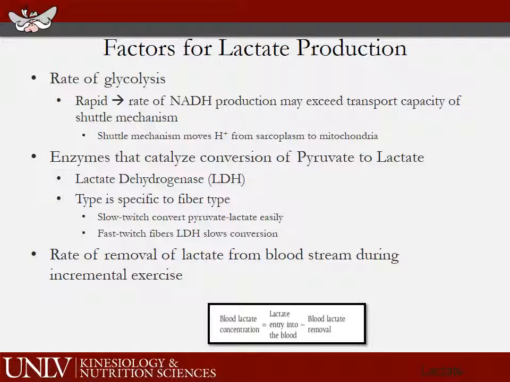Slow twitch fibers convert pyruvate to lactate easily, whereas in fast twitch fibers it's a slower conversion. Now, some of the work that Brooks has done may contradict us a little bit. I just read some things from him over the last couple of weeks that may say there's really no difference in the conversion, it's just the speed at which the conversion is done between the two fiber types. And again, this is if you believe there's a difference in fiber types, but there's that for you as well.